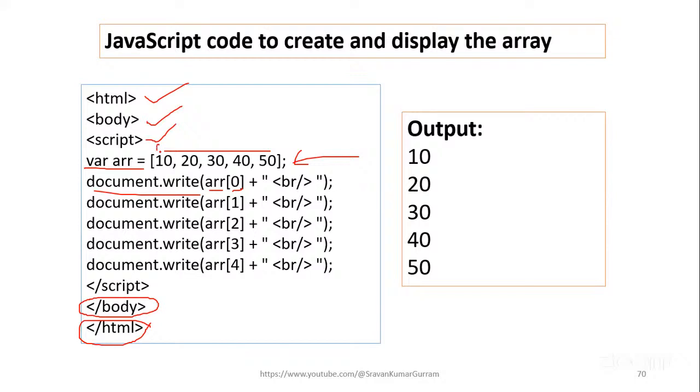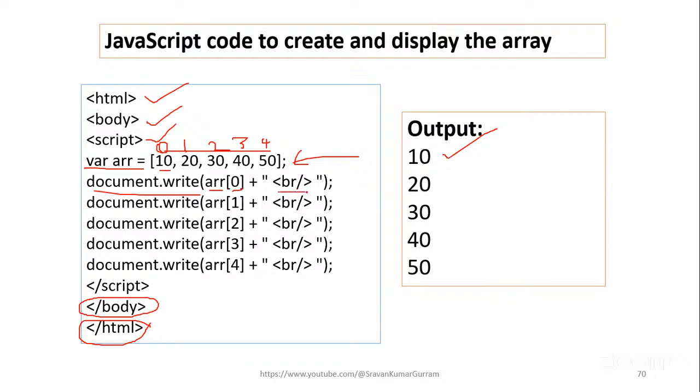As we covered already, the first index is always zero, the last index is length minus one, where length equals the number of elements that exist in the array. So 0 is the first element index, next 1, next element index 2, 3, 4, 5, and so on. Every time incremented by 1. Now arr of 0: what is the value available at arr of 0? That is 10. So 10 will be printed in the output first.